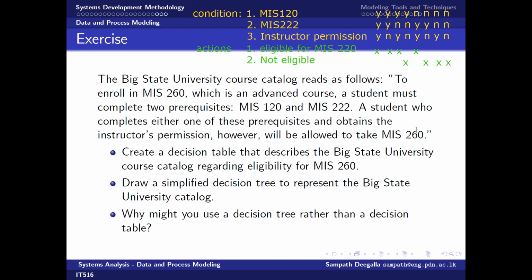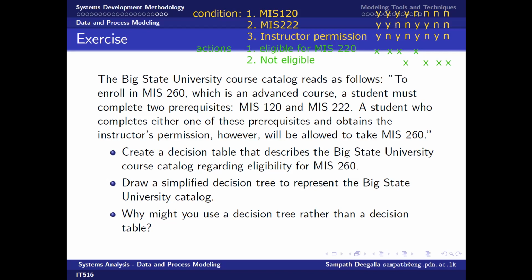Can you think about the decision tree? That passing, that there are 2 lines, one is passing, like, yes, pass, fail, then instructor permission, right?